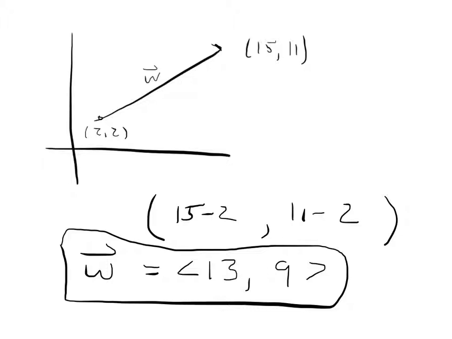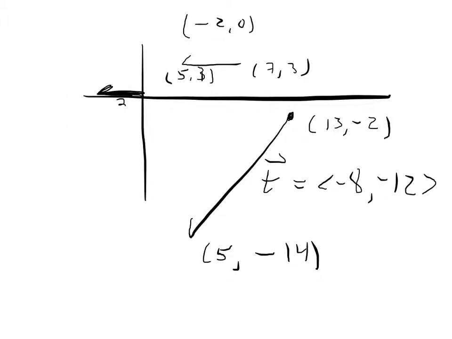What happens if the vector points the other way? Suppose we've got a vector pointing in the other direction. Note that we've got up here, for example, a vector that points to the left, and it's a horizontal vector. So the change going from tail out to head is going to go from 7 to 5.